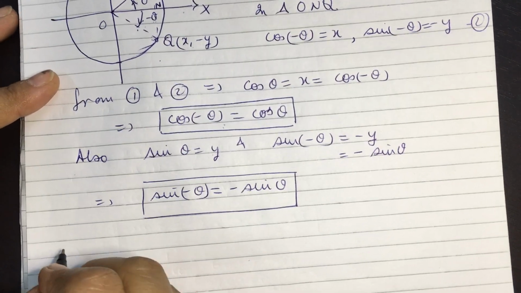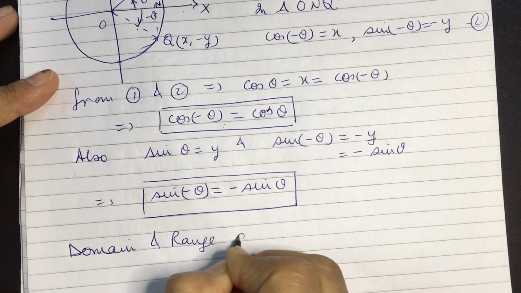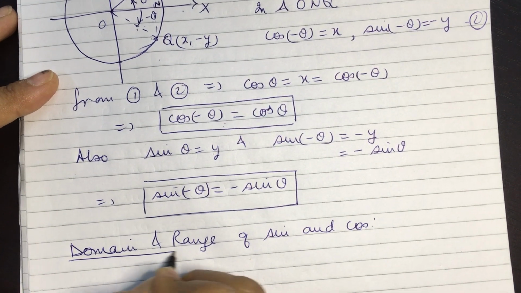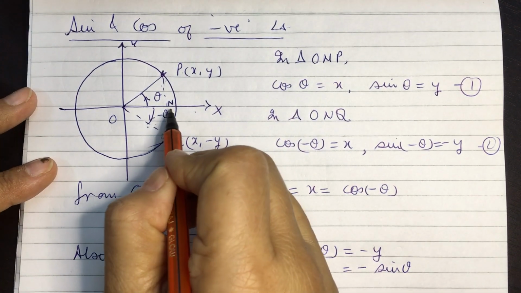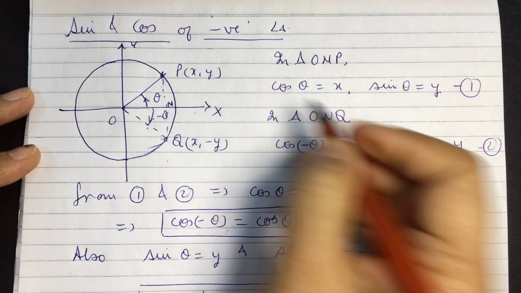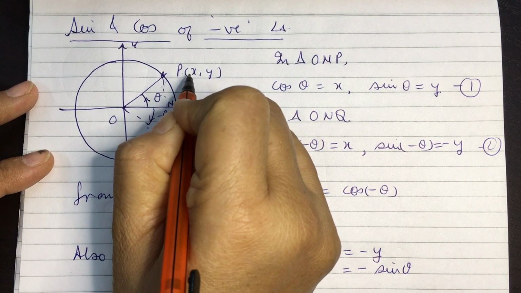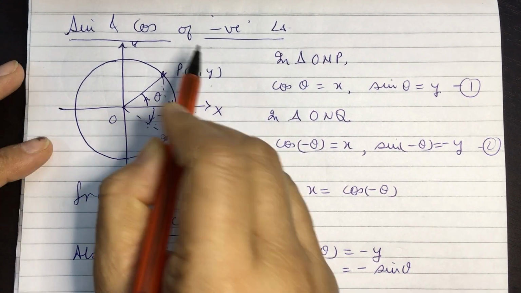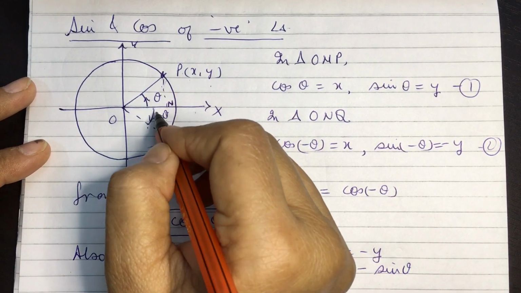Now another thing is the domain and range of sine and cos. As we have seen, along the unit circle the x and the y coordinates of any point give you the corresponding value of cos and sine, irrespective of how many circles we execute.